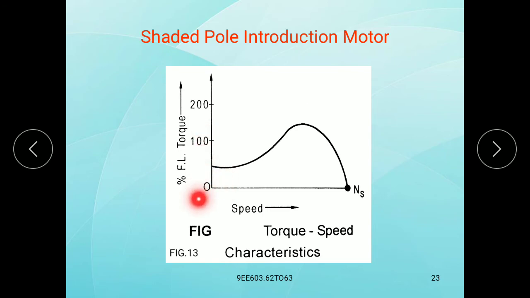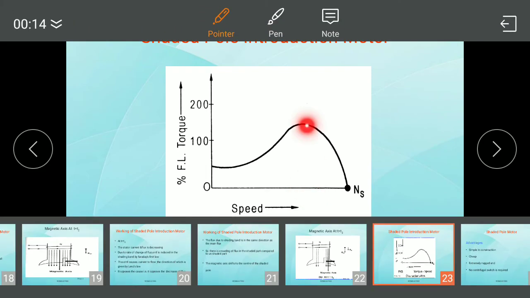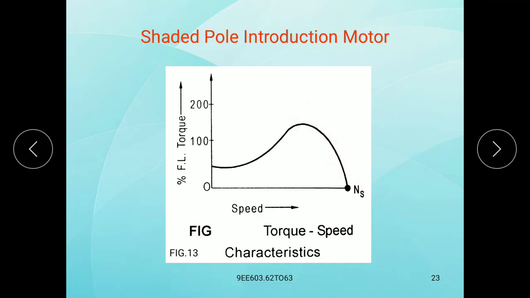As the speed increases, the torque slowly goes on increasing up to a certain speed, that is 70 to 80% of the synchronous speed. After that it will be decreasing. This is the torque-speed characteristic.